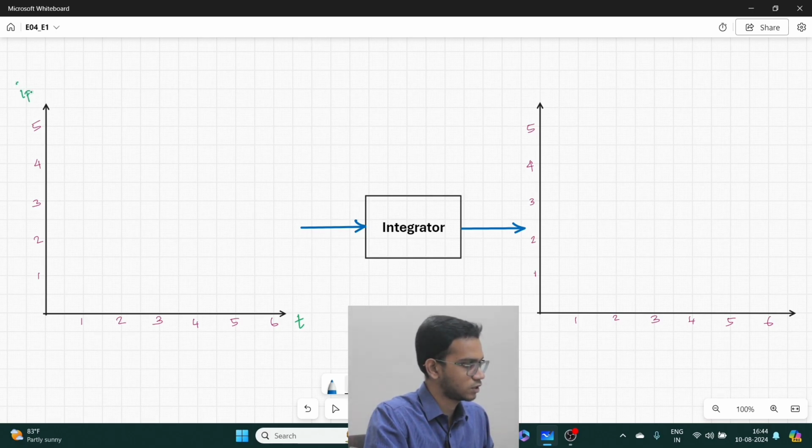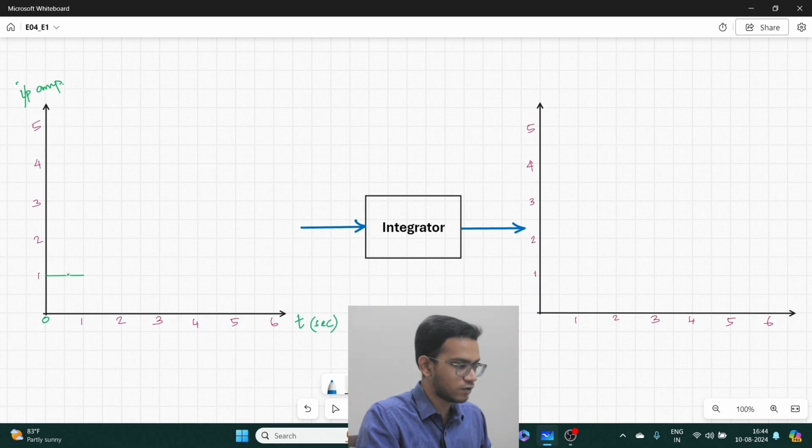At time zero it has a value of 1, and it is constantly 1 until the first second, and this time is in seconds.